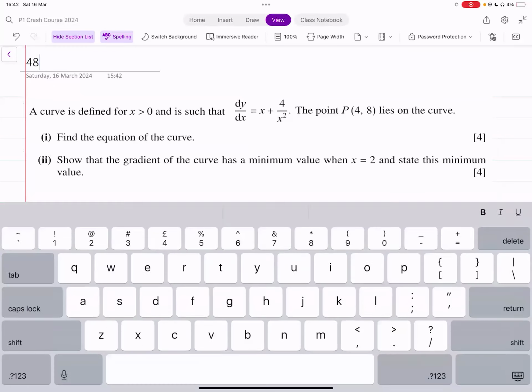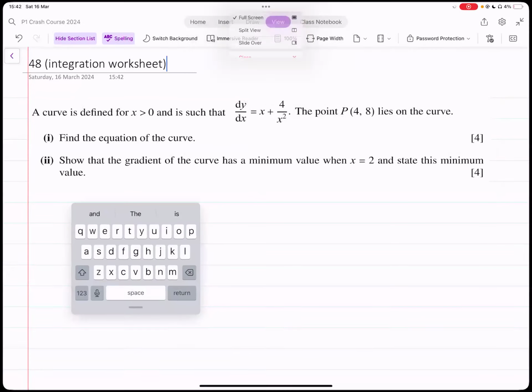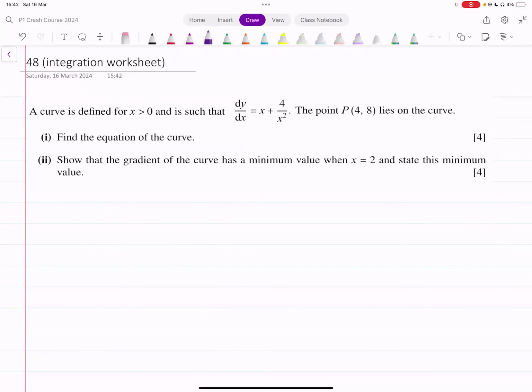It's from the integration worksheet. Now, the first part requires integration, so you're going to skip that part. The second part is what I want you to try before the next class as well.